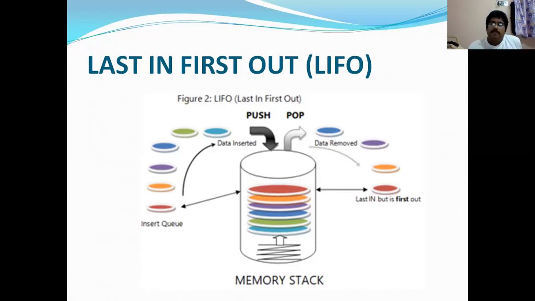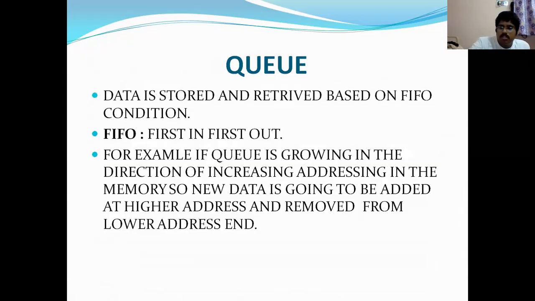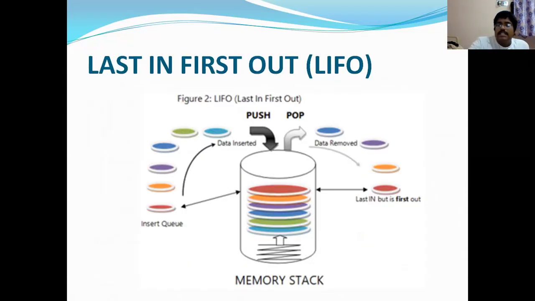Next, here you need to discuss one more thing called stack pointer. What is meant by stack pointer? Stack pointer is one that is always present at the top of the stack.